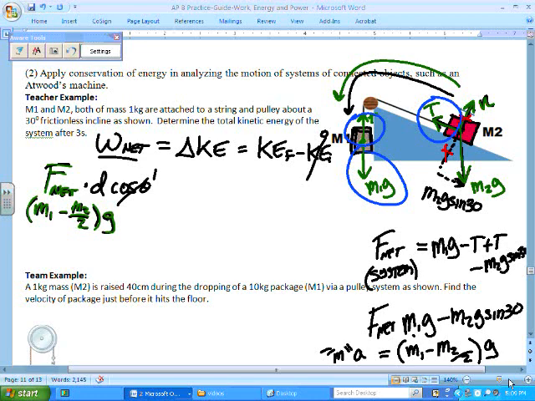The distance traveled, we don't really know, but we do know that since we're accelerating and we start from rest, that's got to abide by the kinematic formula. Displacement equals 1/2 a t squared, and they gave us time, right? 3 seconds. And then that should give us our answer. We just have to do some algebra on it. So all of that equals the final kinetic energy.